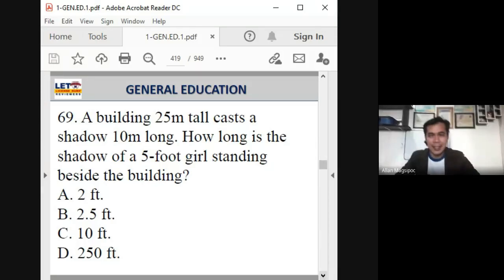We're going to show how we get the answer for this question. Okay, thank you. All right, the correct answer for this question is, yes, letter A. That's 2 feet. Question: is this direct or inverse proportion?